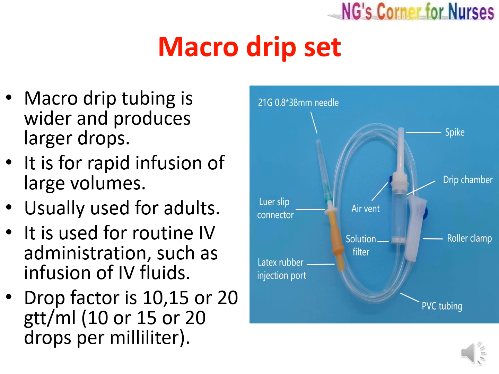In this macro drip set, the drop factor is 10 or 15 or 20 drops per ml. What is drop factor? That we will learn in later slides. And here in this picture, you can see the parts of macro drip set.